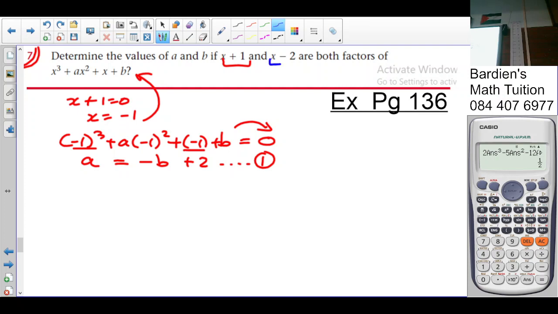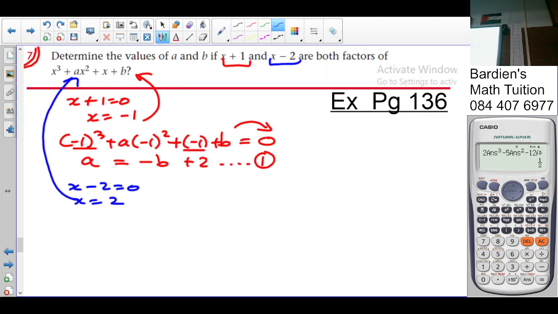So x minus 2. So what do we do with that? We say x minus 2 is equal to 0. So x is equal to 2. Okay, let's move this here. So what we do is wherever we see an x, we put the 2. Remember that x minus 2 is also a factor of this expression. Can you see that?